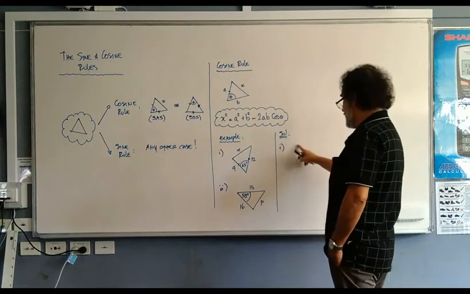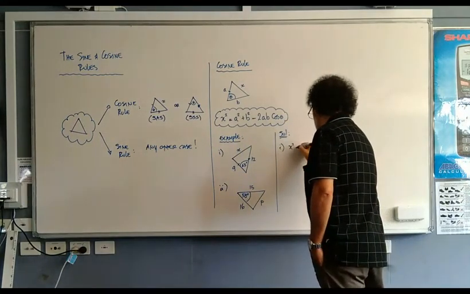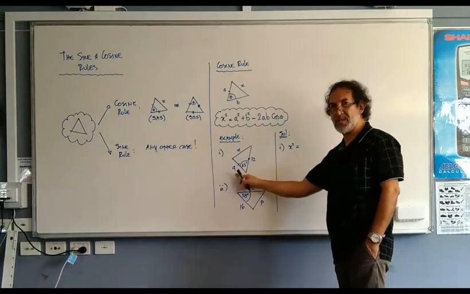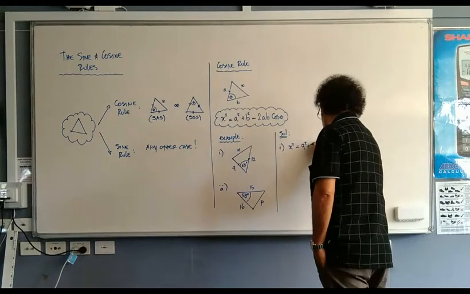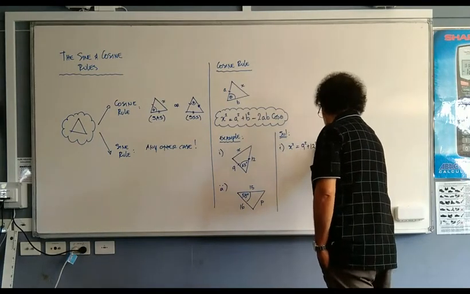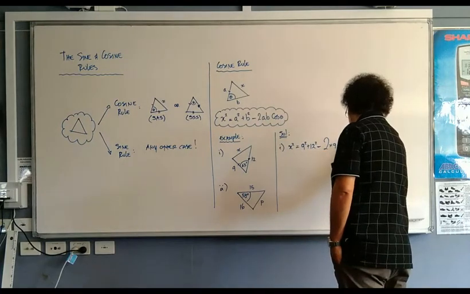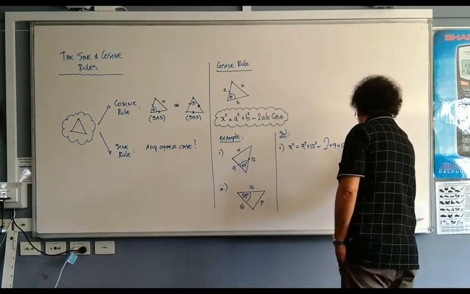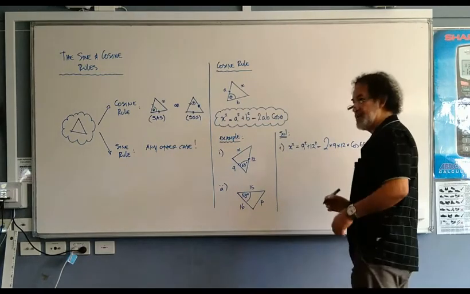All right, so we're going to see what the formula says. The formula says x squared equals, and then you're going to square the sides that make up the angle. So you're going to say 9 squared plus 12 squared minus 2 times 9 times 12 multiplied by cos 65 degrees.